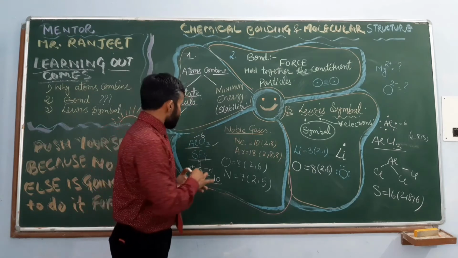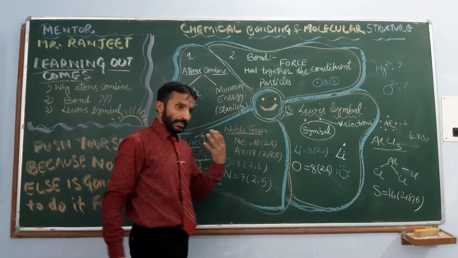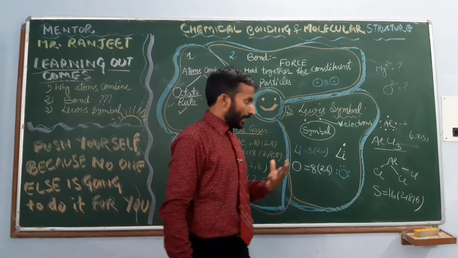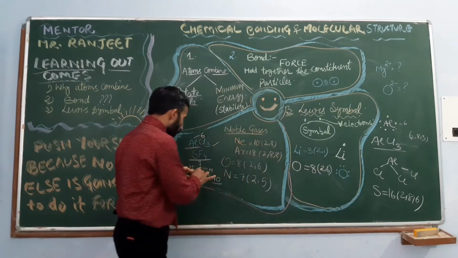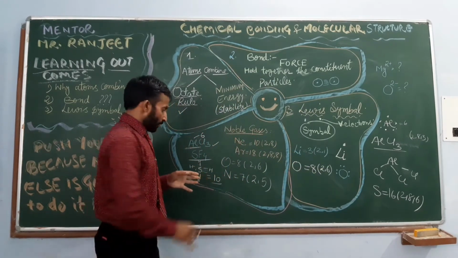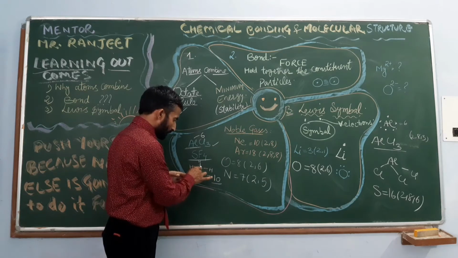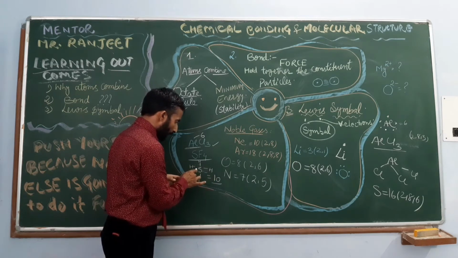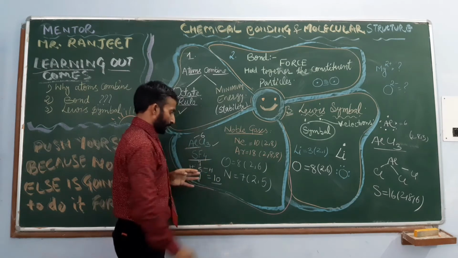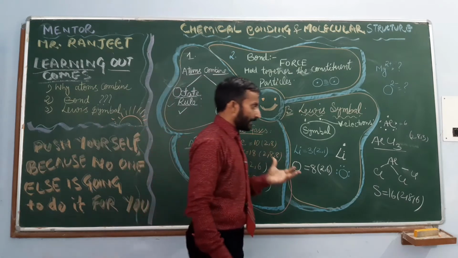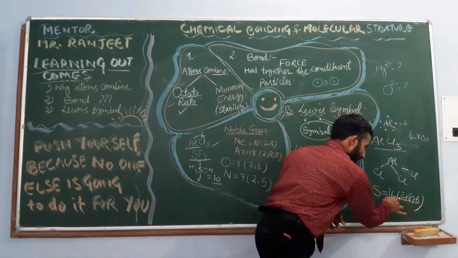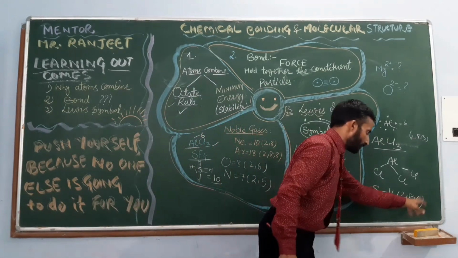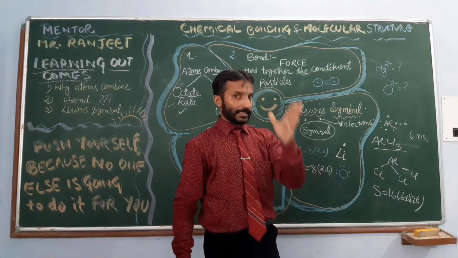And in the same way, sulfur tetrafluoride. Here it forms 4 bonds. So there are 8 electrons shared and 2 in its lone pair. In total there are 10 electrons. Why? Because sulfur's valence shell electrons are 6.